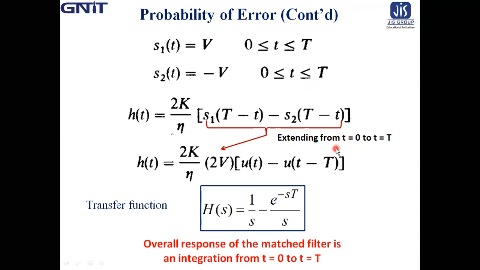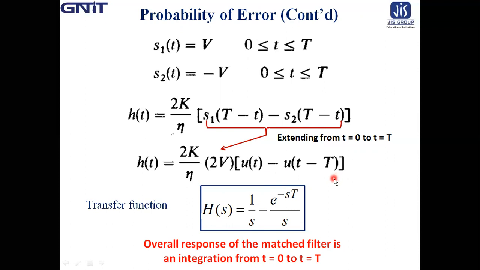The quantity s1(T minus t) minus s2(T minus t) is a pulse of amplitude 2V extending from t equal to 0 to t equal to capital T, and may be rewritten with u(t), the unit step function, h(t) equal to 2k by eta times 2V [u(t) minus u(t minus T)].